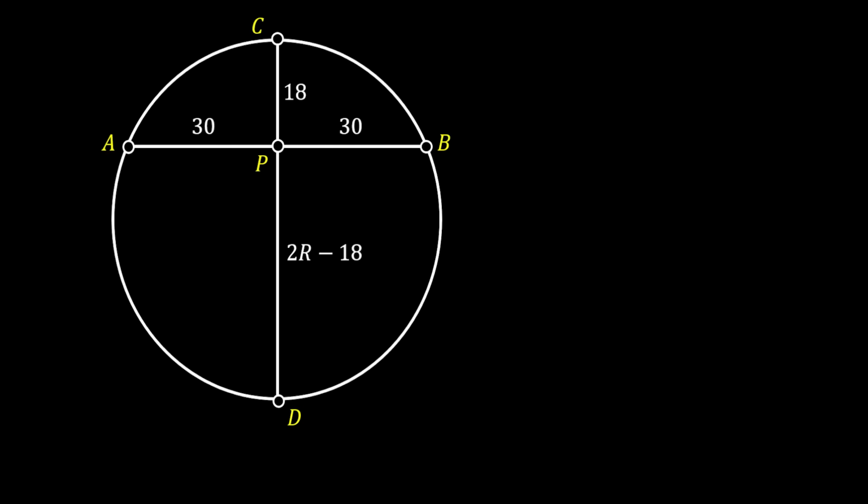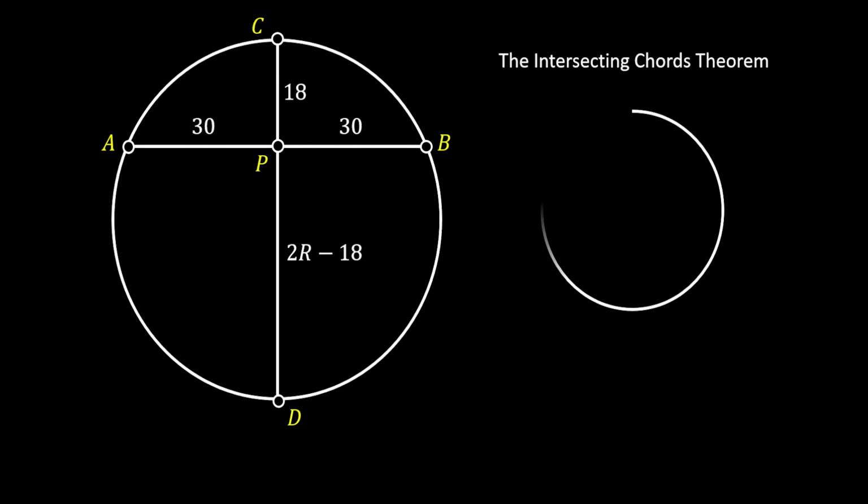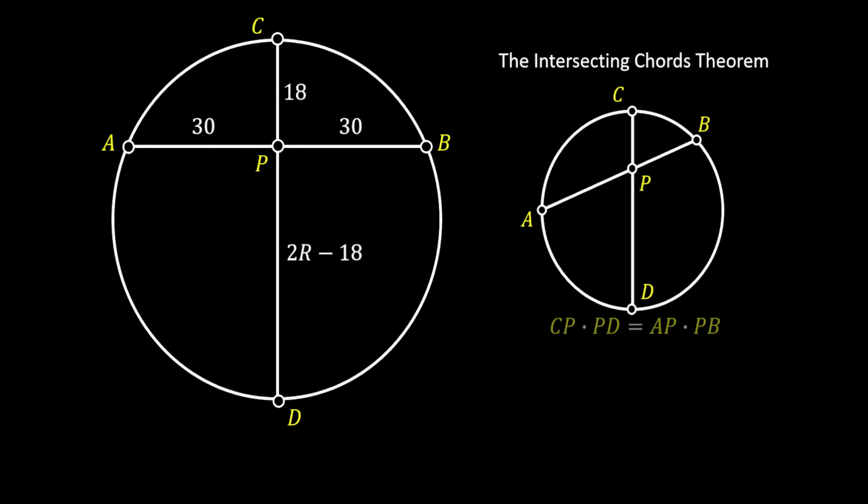And as you can see, now we have two intersecting chords, and we're going to use the intersecting chords theorem. This theorem states that when two chords intersect inside a circle, then the product of the lengths of the segments of one chord equals the product of the lengths of the segments of the other chord. As you can see, I have labeled the sketch on the right the same as the sketch on the left.